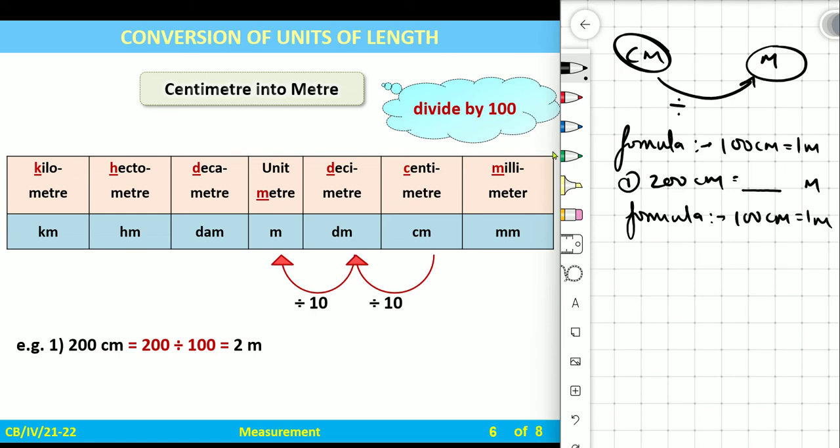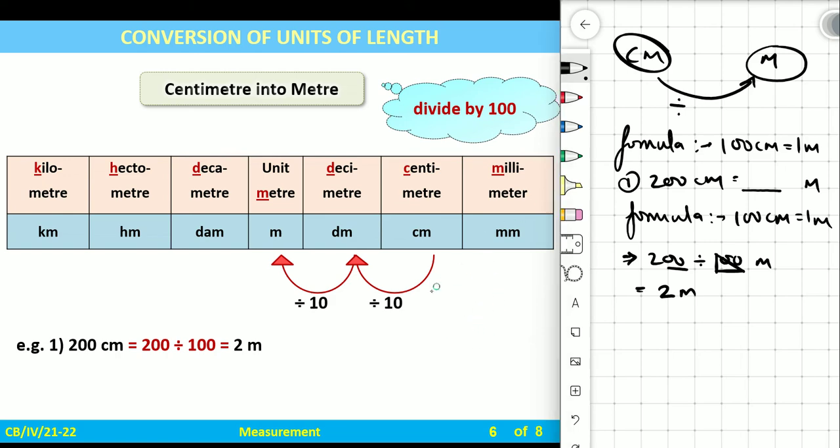Directly I can tell you, but we have to write down the steps. 200 divided by 100. These are 2 zeros. Leave these 2 zeros, there is 2 meter and 0 centimeter, but we don't want to write 0 centimeter. 2 meter is our final answer.